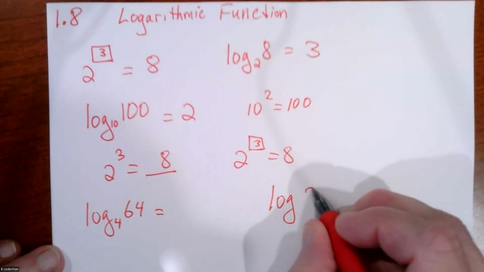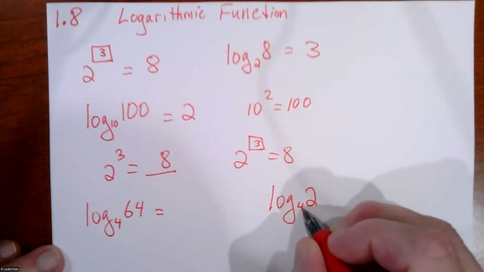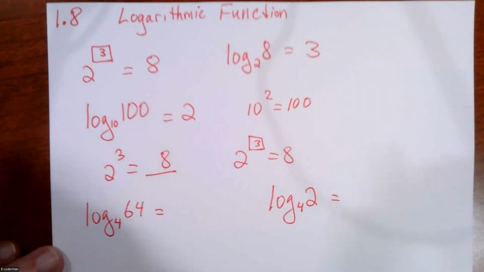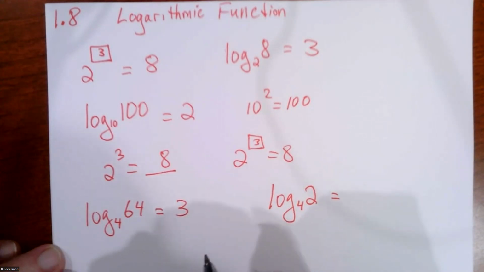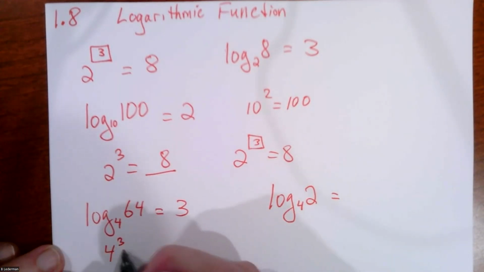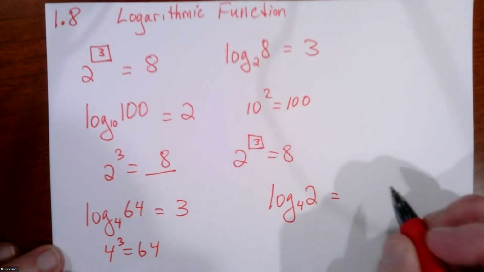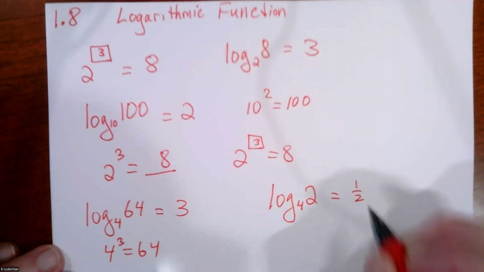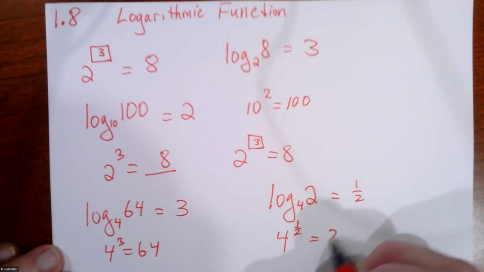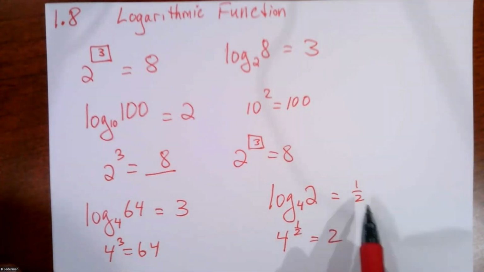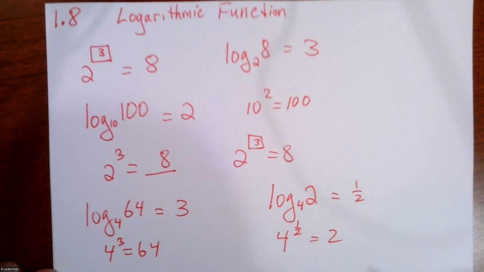The log of 2 base 4. Okay, so 4 to the third power equals 64. So the answer is 3. Now this one is actually 1/2 because 4 to the 1/2 power equals 2. That's pretty cool. So you could have a fractional kind of log.